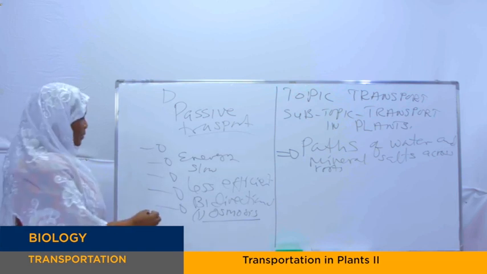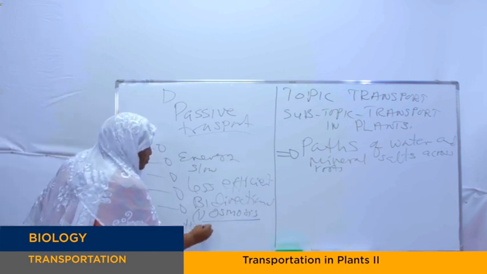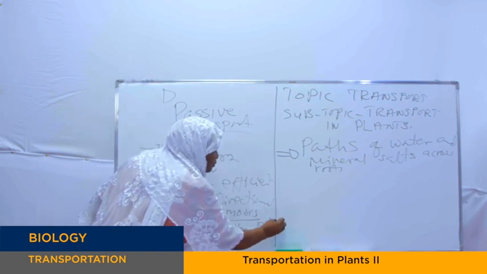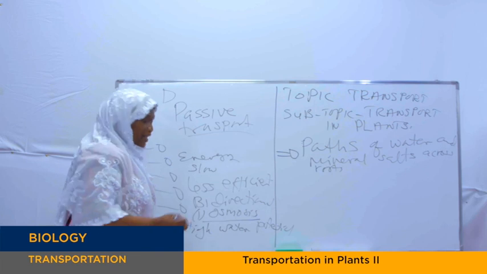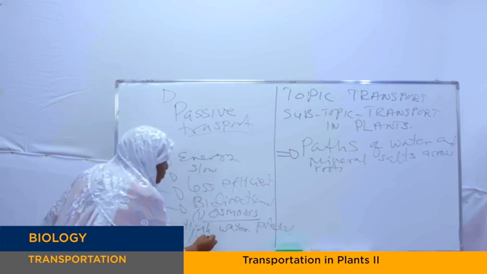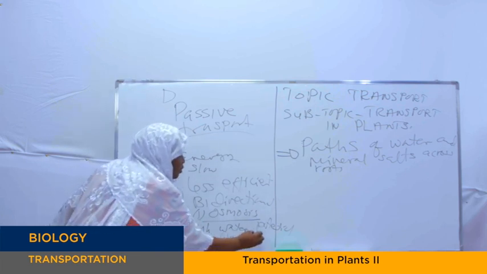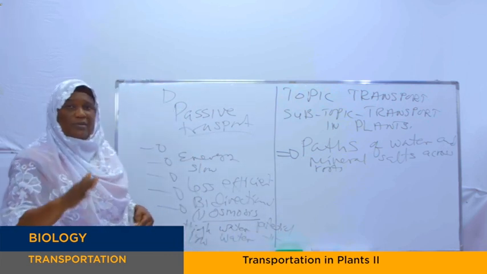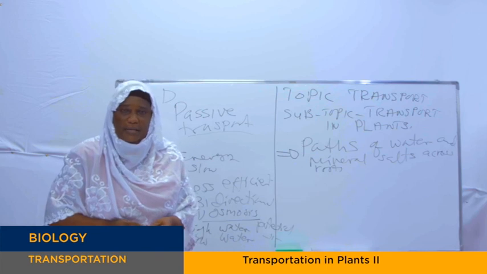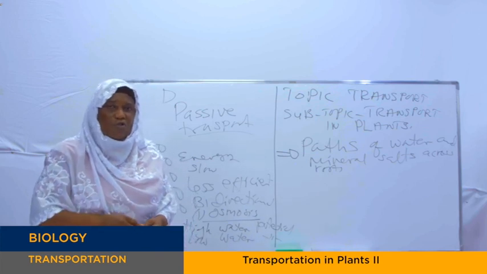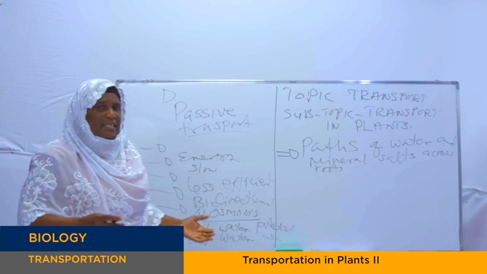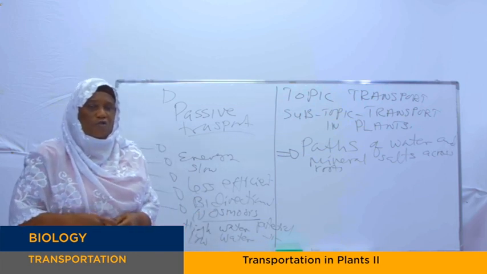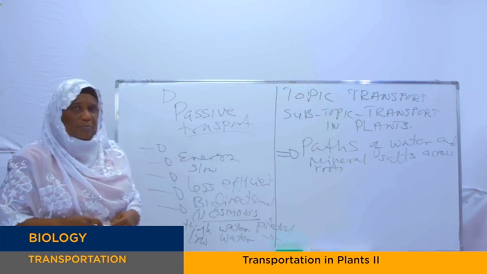Water moves from high water potential to the area of low water potential through a semi-permeable membrane. The membrane should be there in order to allow materials to move from the area of high water potential to the area of low water potential.